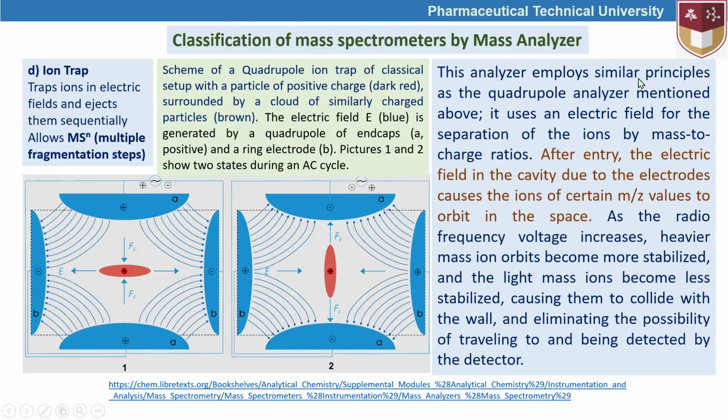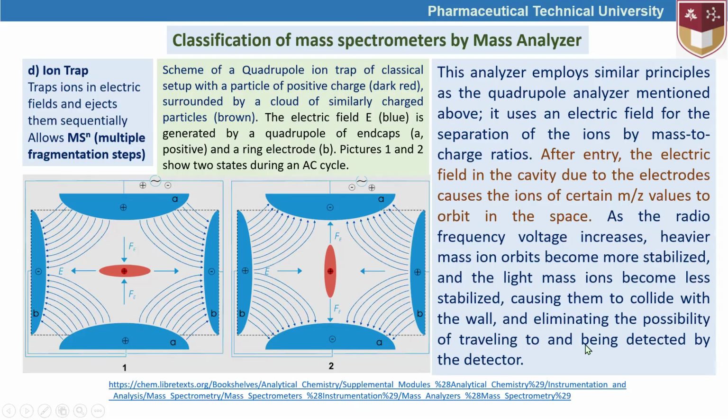This analyzer employs similar principles as the quadrupole analyzer mentioned above. It uses an electric field for the separation of the ions by mass to charge ratios. After entry, the electric field in the cavity due to the electrodes causes the ions of certain mass to charge values to orbit in the space.